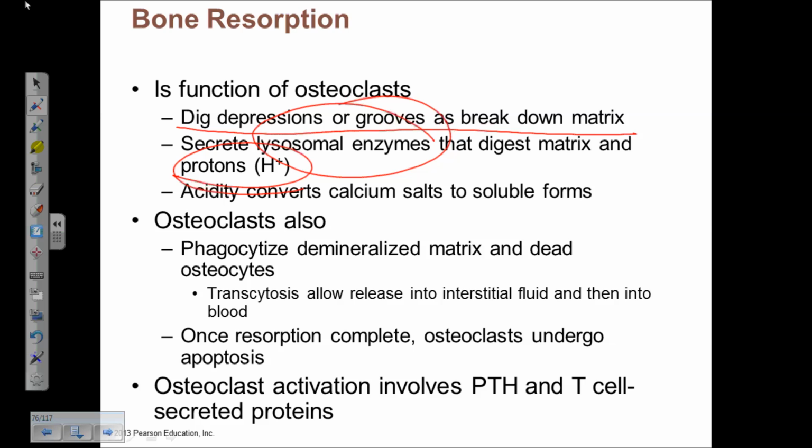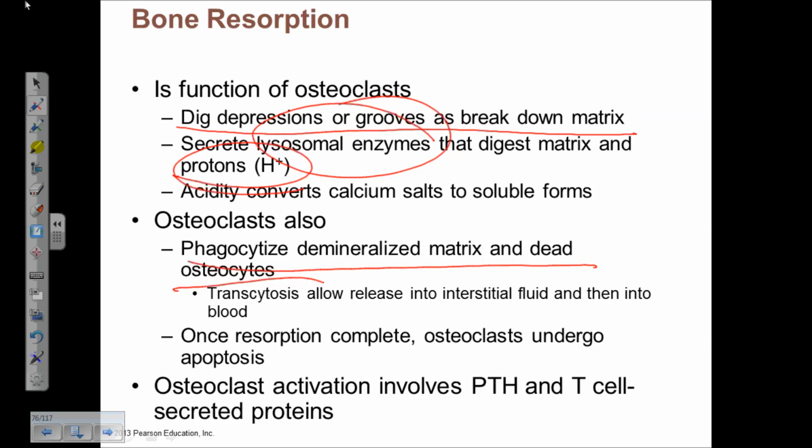Okay? Calcium cannot be dissolved by lysosomal enzymes, it can be dissolved only by acid. So they will dissolve the matrix, eat it up together with dead osteocytes, and then eject it into the blood.